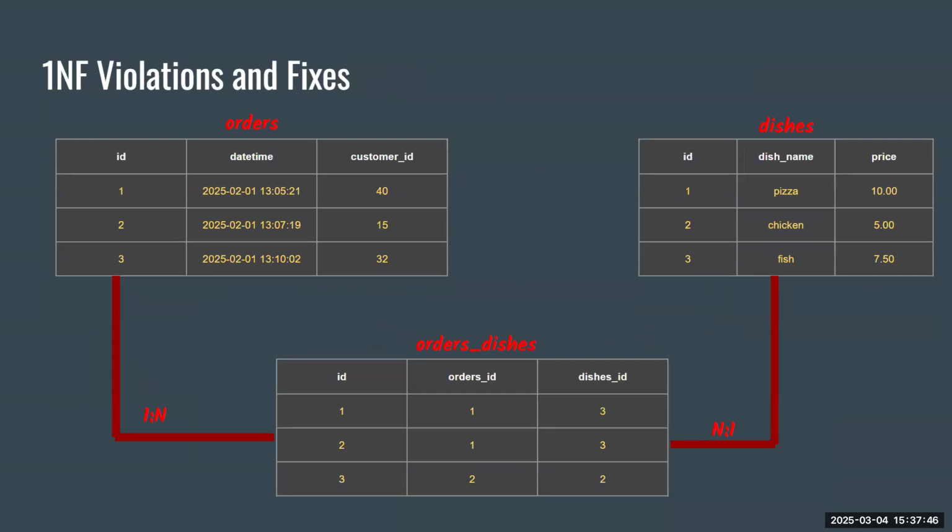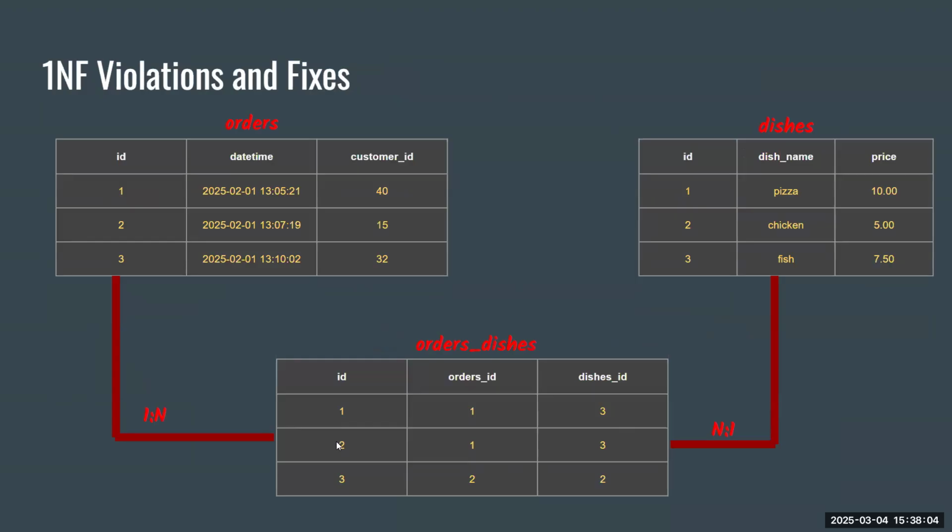It also makes it easier to reason about the data, because I can now say that the fish order in order number 1 has an ID of 2.